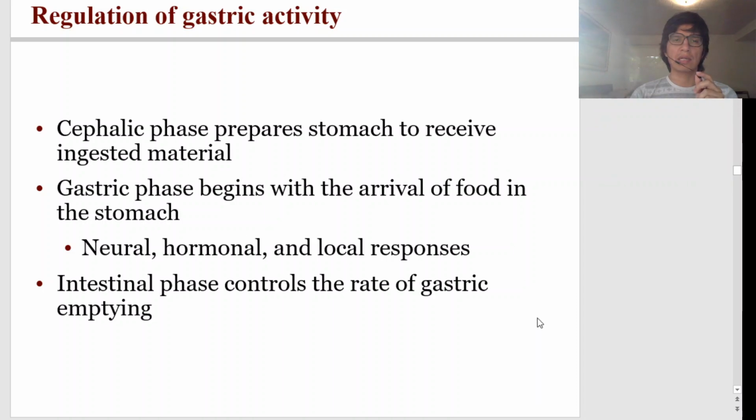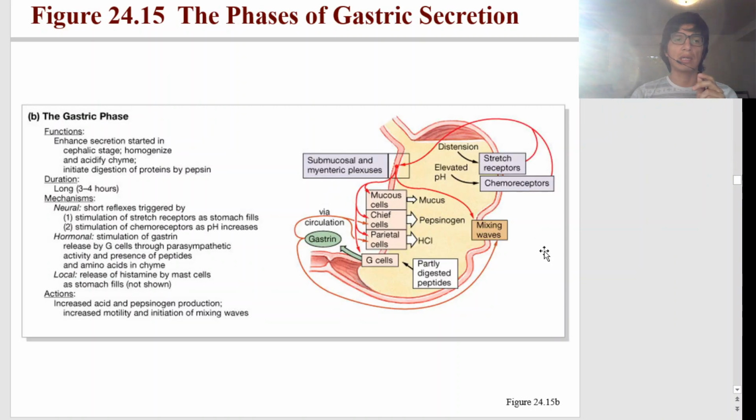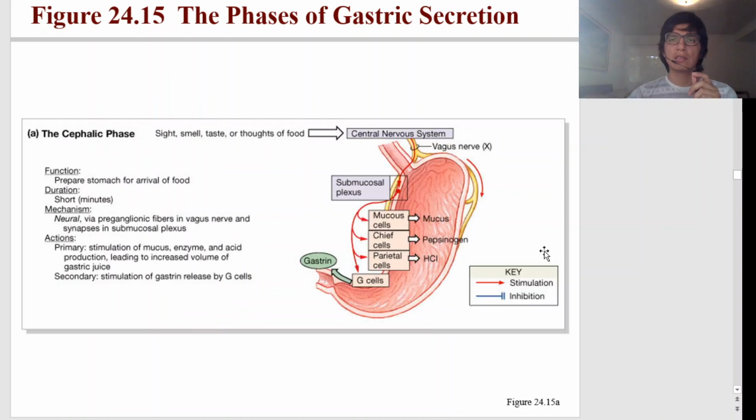The regulation of gastric activity occurs through a cephalic, gastric, and intestinal phase. Let's look at what this entails. So here is the cephalic phase. During the cephalic phase, we have input from the central nervous system.